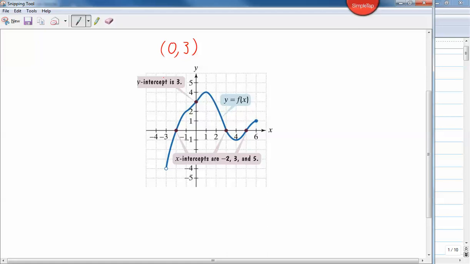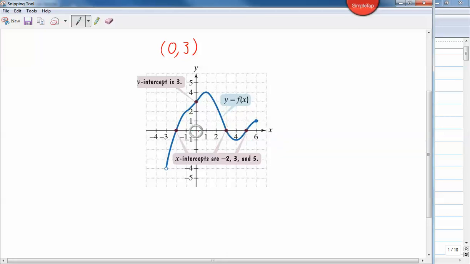Okay, so if you're asked to enter in a y-intercept, most of the time it won't just want the number. Having the point is the most correct way to write that. Look at these x-intercepts. This graph touches the x-axis 3 times. So it has 3 x-intercepts.